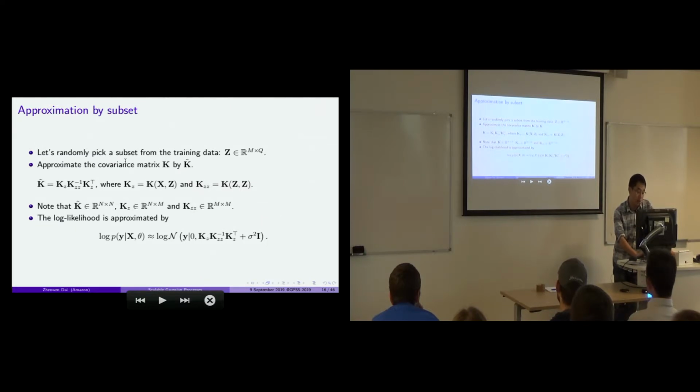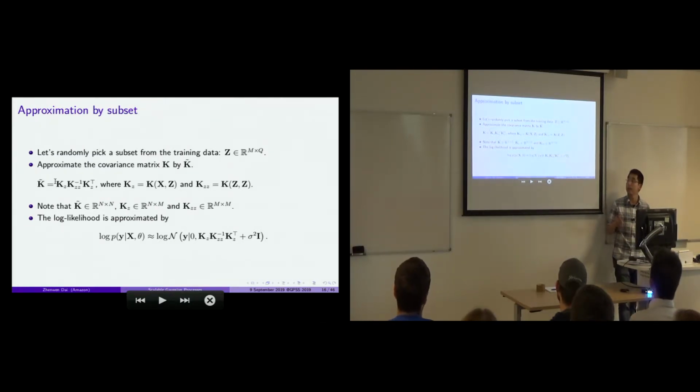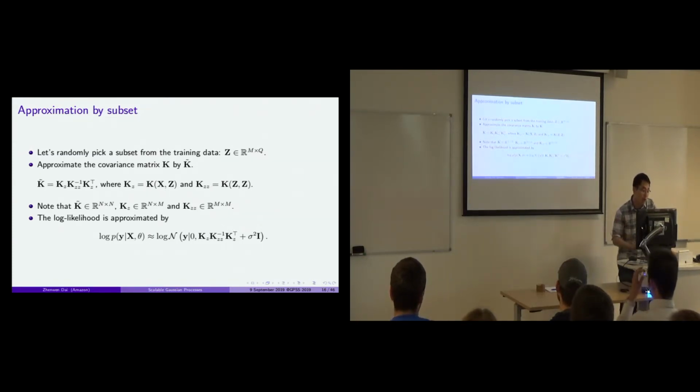Then K tilde becomes exactly the original K. So in this case, if our subset is the full set, this is an exact representation. It is only a low-rank approximation if we choose a subset of our data set.